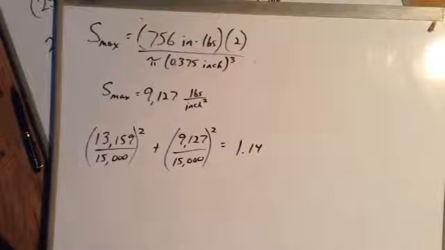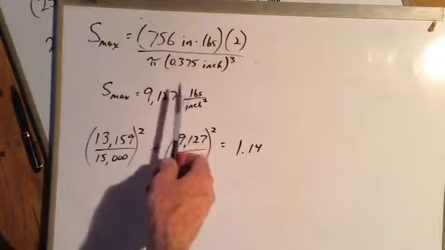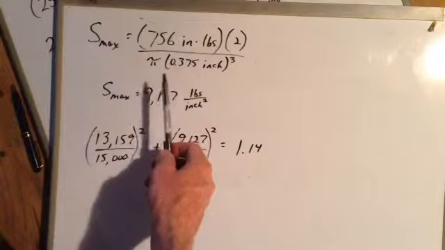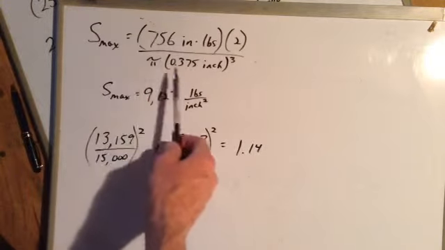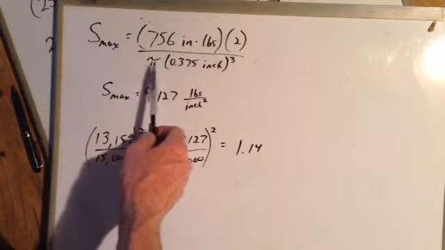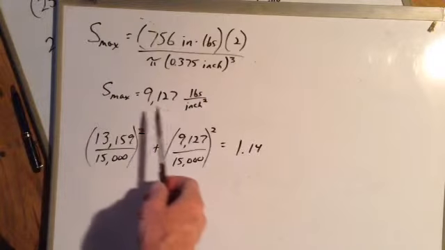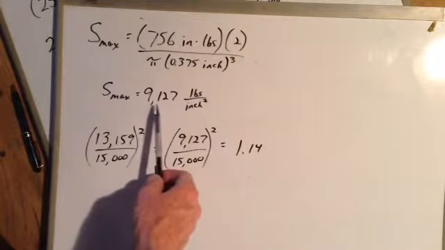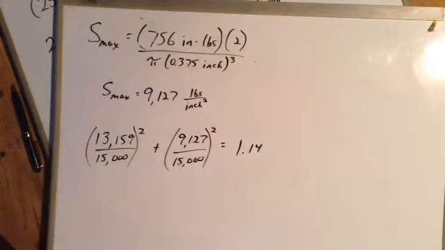The diameter of the propeller shaft of the Steel Stork is 3/4 of an inch, so its radius is half that, or 3/8 of an inch, and 3/8 in decimal form is 0.375. So the stress in the propeller shaft is that times that over pi times that to the third power. Punch that all into your calculator and you'll see that the stress is 9,127 pounds per square inch.